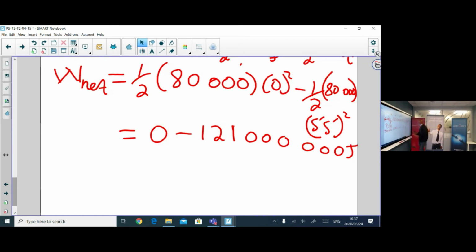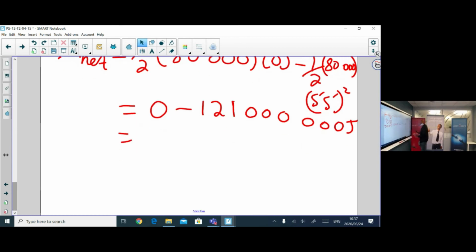If we have that, what will happen? We have seen that we get the negative work done because of the friction. How many zeros do we have after the 1?